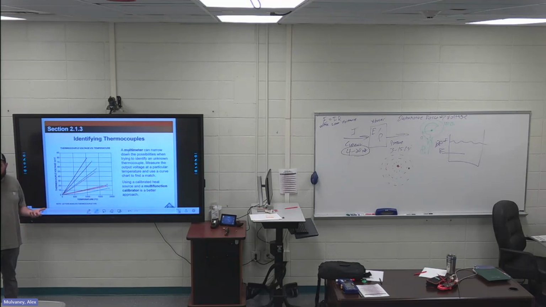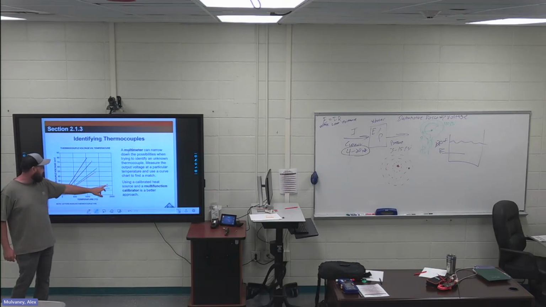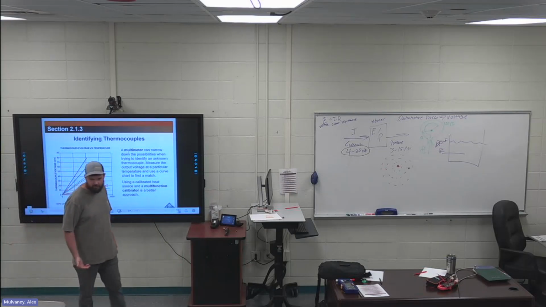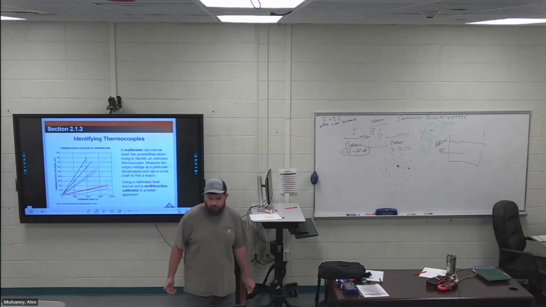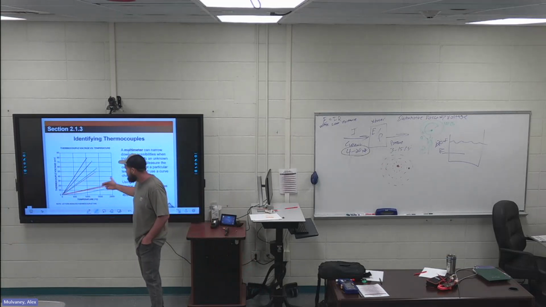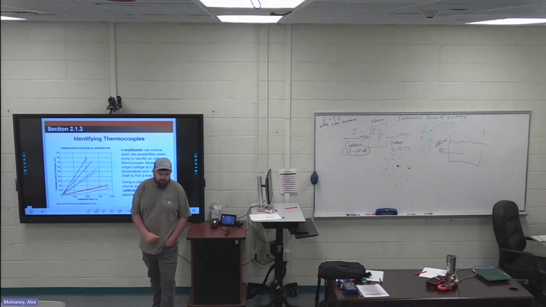All thermocouples, your voltage increases steadily with temperature. But if I want to get up to like 1,500 degrees, I can't use a J or K. I have to use an R or an S or a B. Did everyone go with that? That's just the amount of millivolts that these different types put out based on the temperatures.